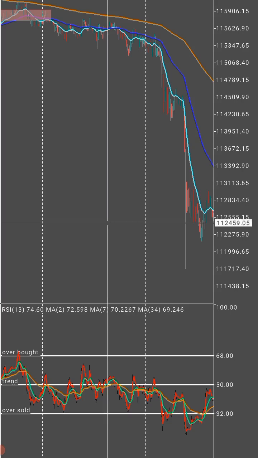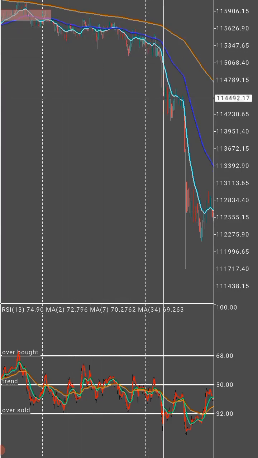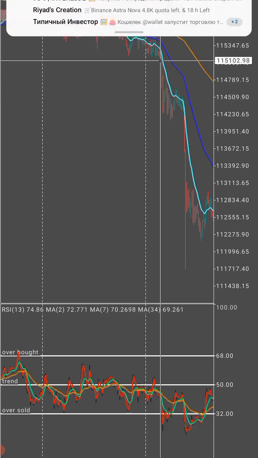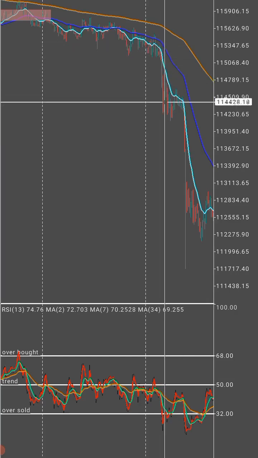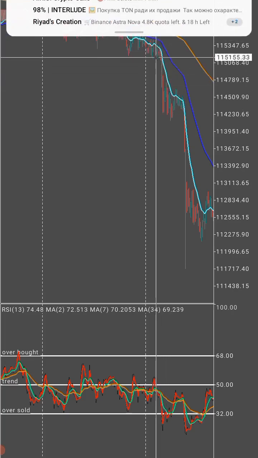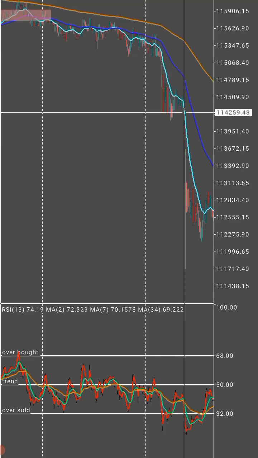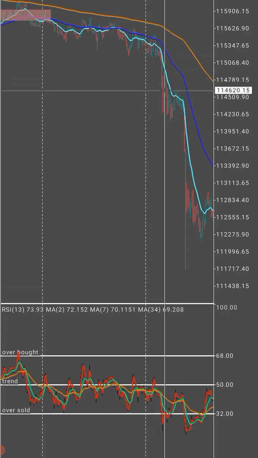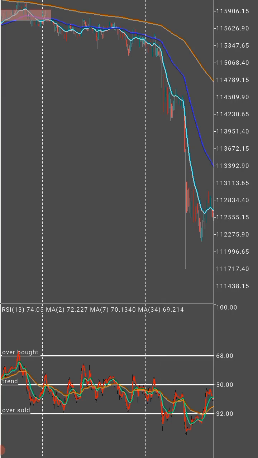You discover that the price started moving here in the opposite direction, signifying that the institutions, with this particular move, are interested in selling. Look at this massive move. Then look at this massive move after this consolidation. Now they are interested in selling this particular pair, which is our Bitcoin.